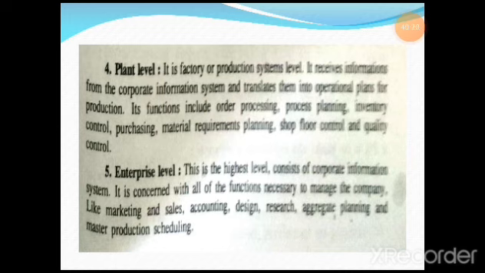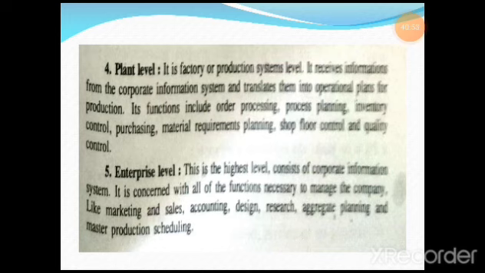And the last one is called the enterprise level. So it is concerned with the management of the entire plant itself. That is why it is considered the corporate information system. This is the highest level consisting of the corporate information system. It is concerned with all of the functions necessary to manage the company. Whatever the function of the entire plant is, it is purely guided at the enterprise level only.